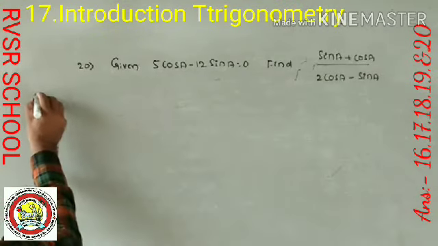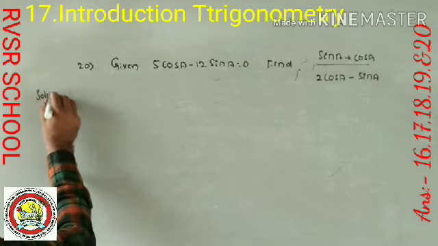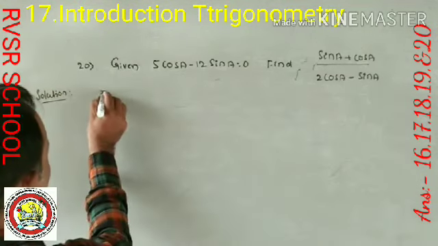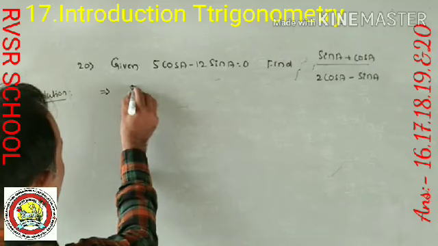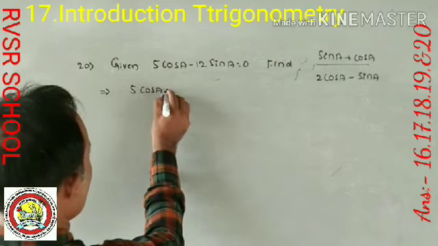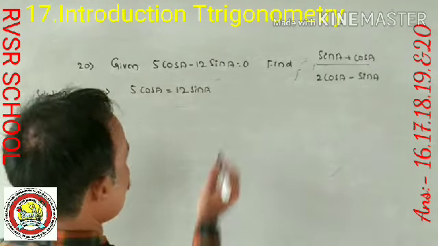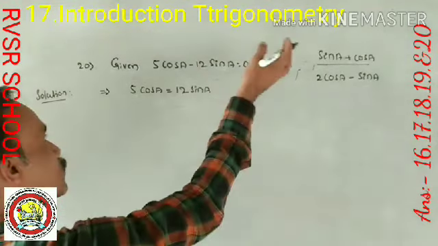As solution, by using this, 5 cos A is equal to 12 sin A. Correct? You send this term towards RHS.